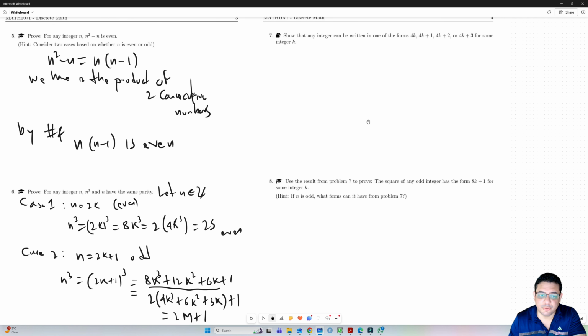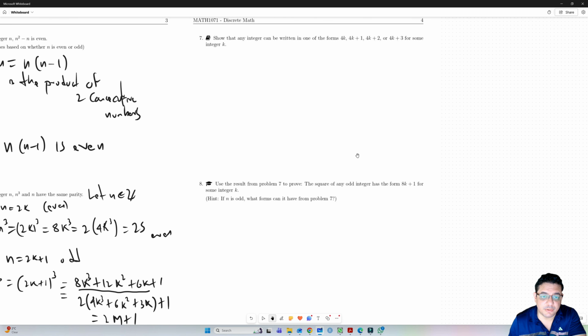Now, let's go to question number 7. For question number 7, we have show that any integer can be written in the form 4k, 4k plus 1, 4k plus 2, 4k plus 3 for some integer k. And so this is a consequence of the remainder theorem. So let n be an integer.